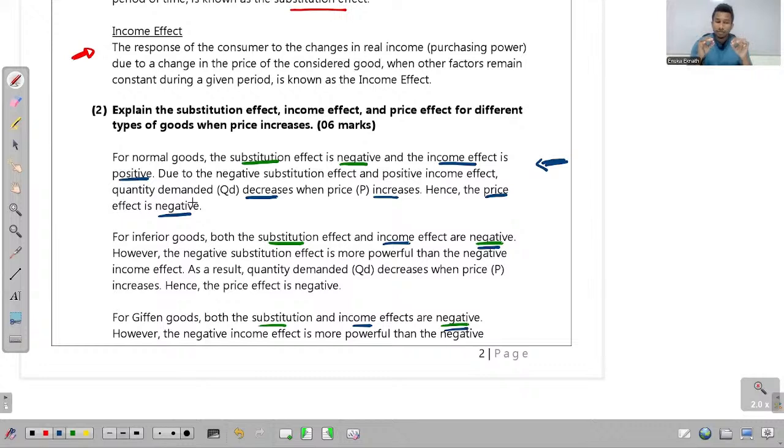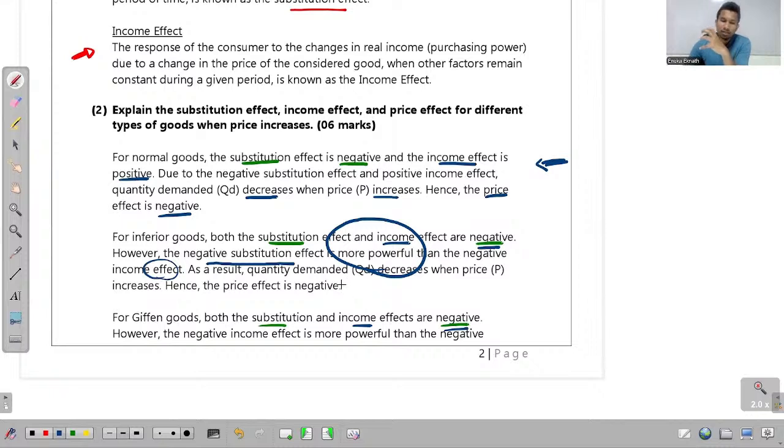When it comes to inferior goods, earlier I told you that Giffen goods are also a type of inferior good, but there's a significant difference between these two. For inferior goods, the substitution effect and the income effect both are negative, but the negative substitution effect is much more powerful than the negative income effect.